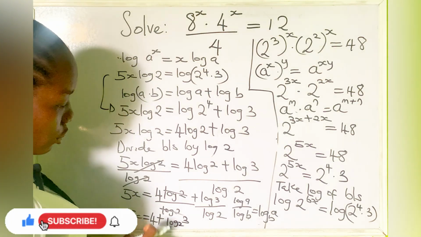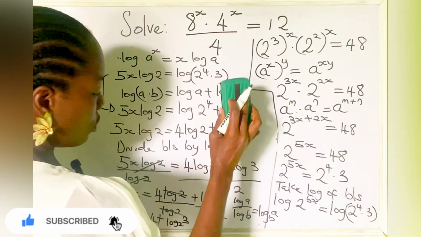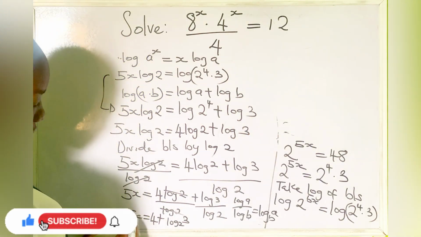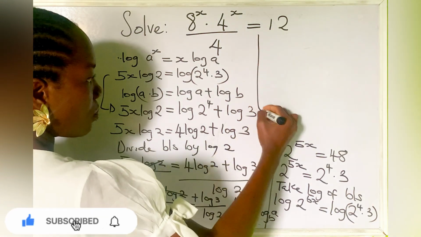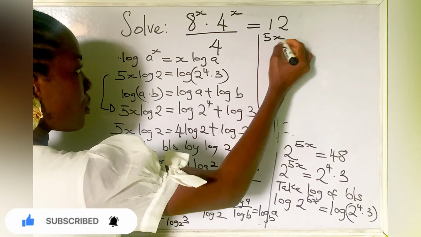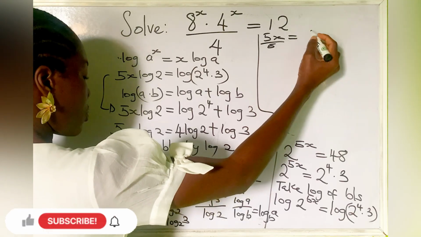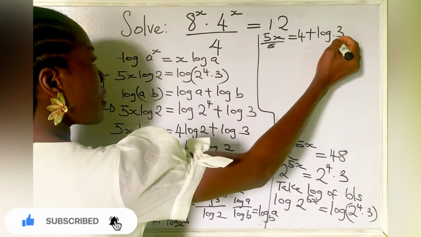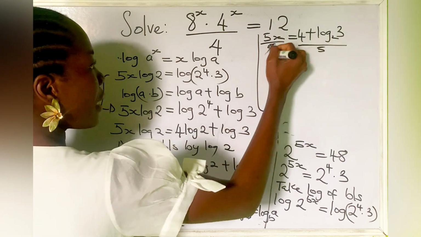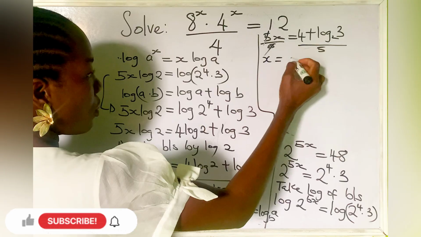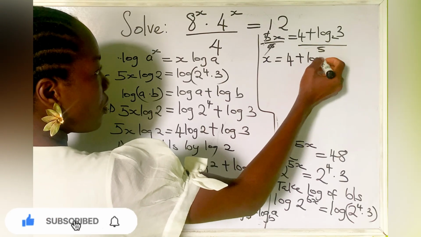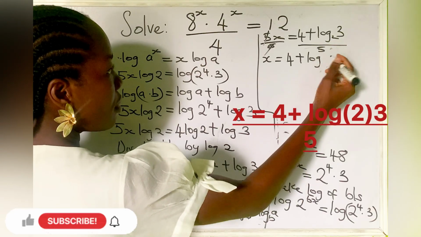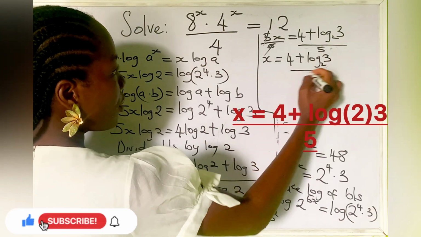Now we're looking for the value of x, so to find it we divide both sides by 5. 5x over 5 is equal to 4 plus log 3 base 2 over 5. 5 cancels 5, so our x is equal to 4 plus log 3 base 2 over 5. So this is our value for x.